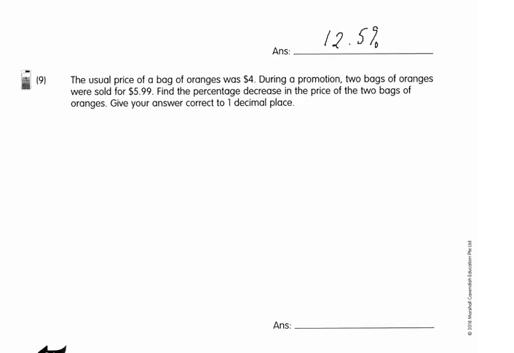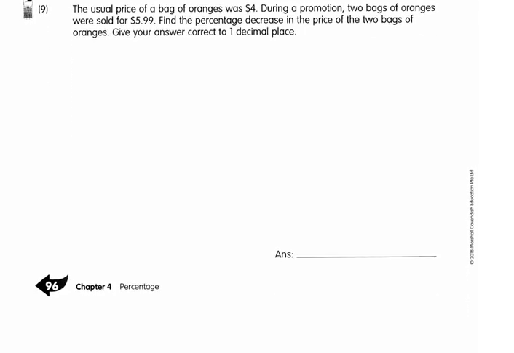Next question. The usual price of a bag of oranges was $4. That means on normal days it's $4. During a promotion, 2 bags of oranges were sold for $5.99. Okay, 2 bags.